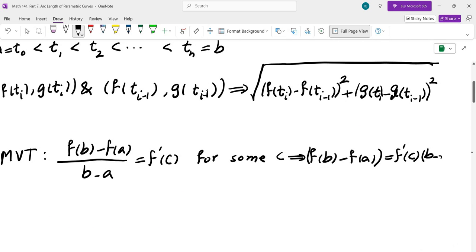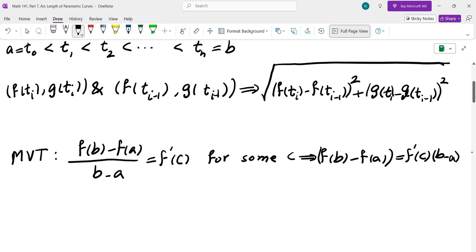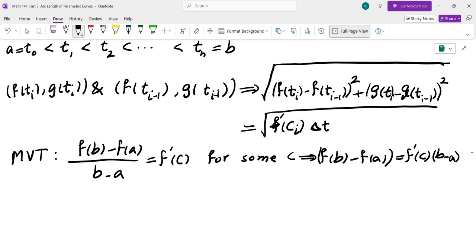So that means we can take this square root of f of ti minus f of ti minus 1 squared and write it as f prime of some ci times delta ti squared plus g prime of some di times delta ti, all squared.